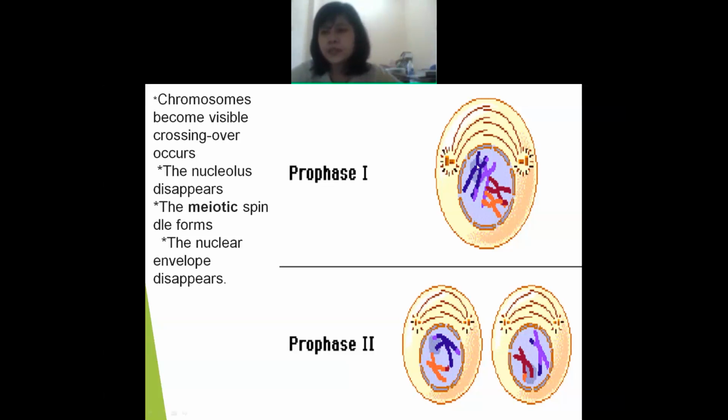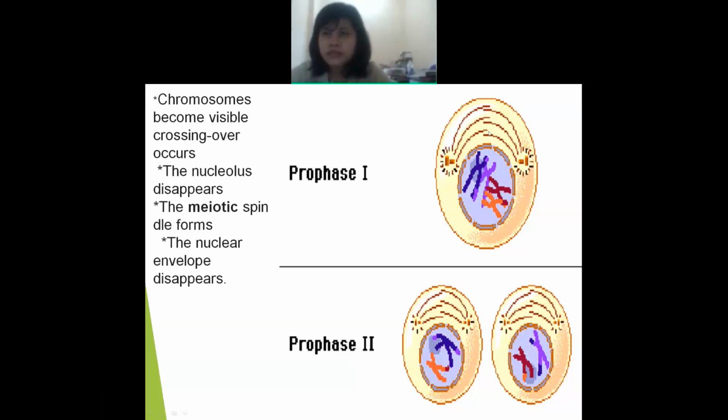And what will happen here? The nucleolus disappears. Inside, the nucleolus was there, but in the prophase one, you won't be able to see the nucleolus anymore, which means it will disappear. And after that, you will see that the meiotic spindle forms. This semicircle part is the spindle fibers.